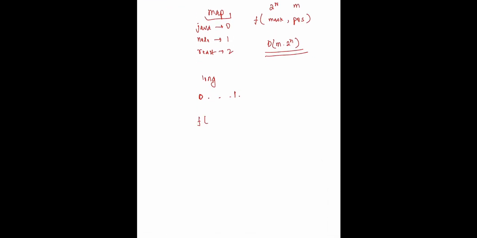First, our function will recurse over a mask and the position in the people array. So for each position, we take or don't take, right?